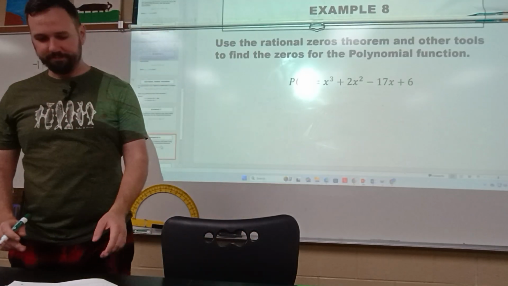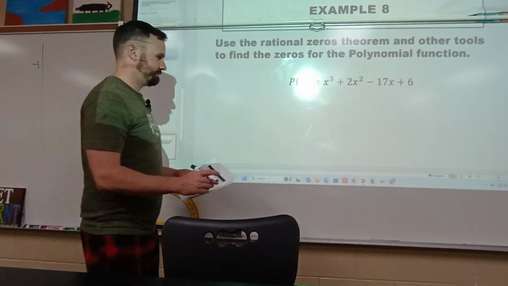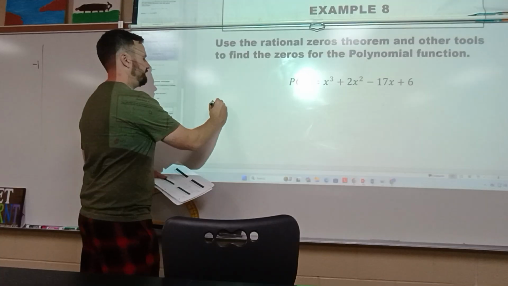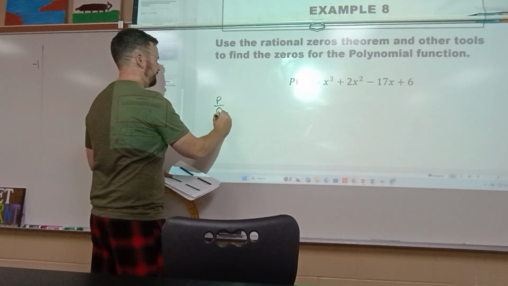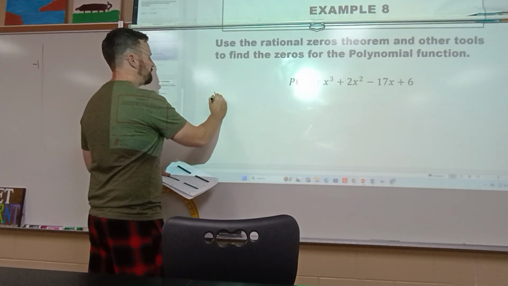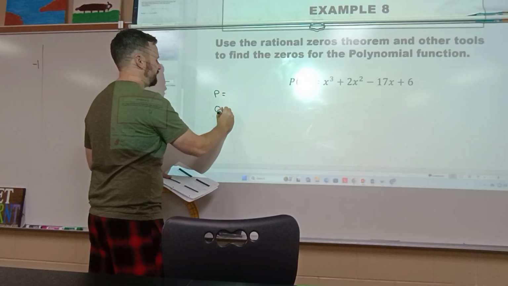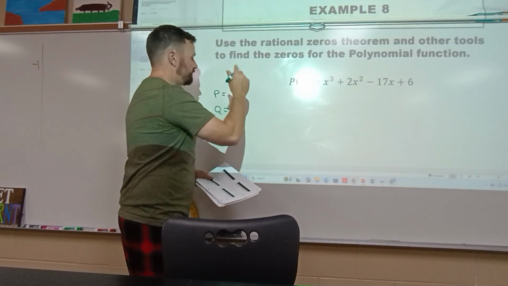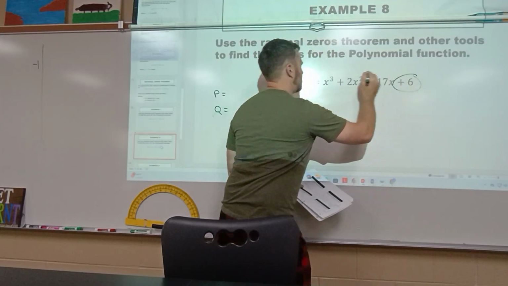How do I do it? We're doing P over Q, right? Before I do that, what are my P's? What are my Q's? And why do I need to mind them? So for P's, I'm looking at 6, right?